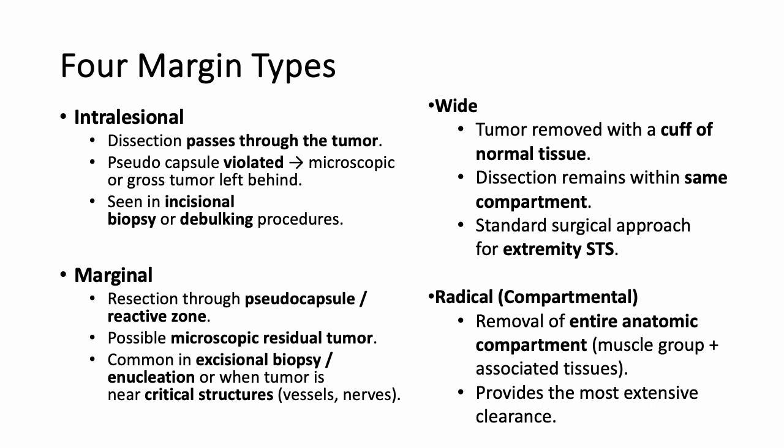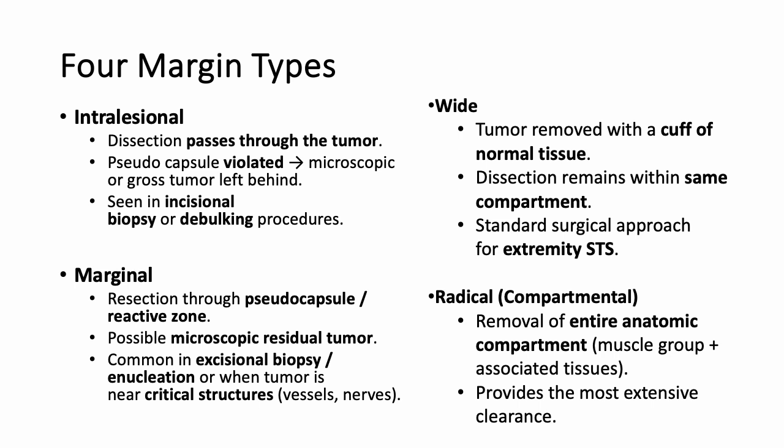For benign tumors, marginal excision should be our goal. For malignant tumors, according to the involvement, wide or radical treatment should be our goal for management. Wide is when the tumor is removed with a cuff of normal tissue, but the dissection remains within the same compartment, and radical is removal of the entire anatomic compartment.